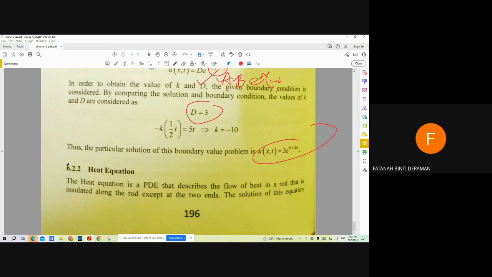For the series solution of the heat equation, it will involve Fourier coefficients, and after that you will learn about the wave equation.